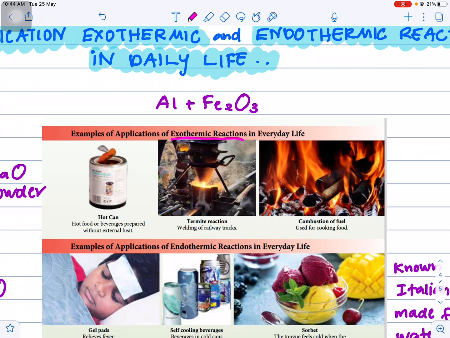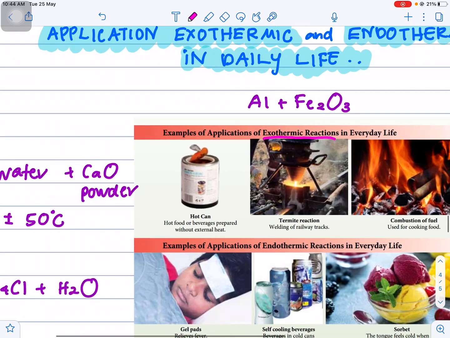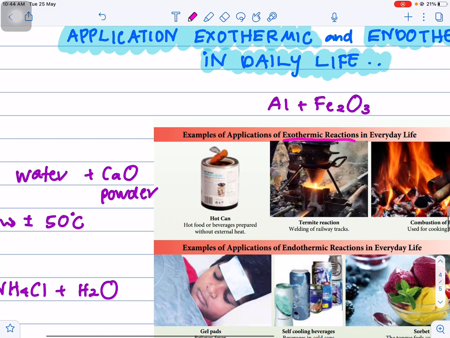Why do we make the hole? We make the hole to make sure that the water from the other layers can mix with the calcium oxide in the other layers. So we have a mixture of water and calcium oxide powder.